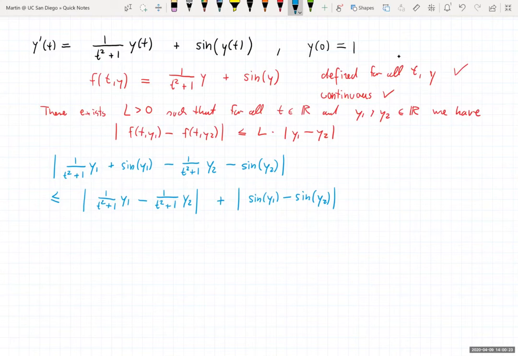Okay, so in the first term, we can factor out the absolute value of 1 over t squared plus 1 times y1 minus y2. We're going to work with that. And also, in the second term, one possibility is to write this as an integral: the absolute value of the integral from y1 to y2 of cosine u du.